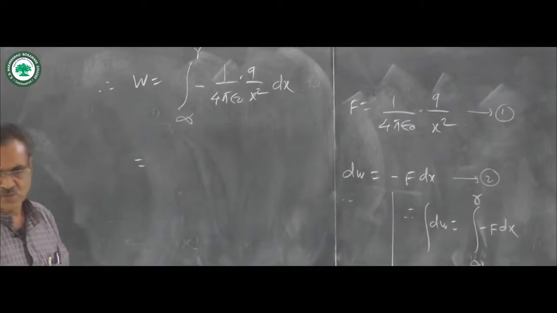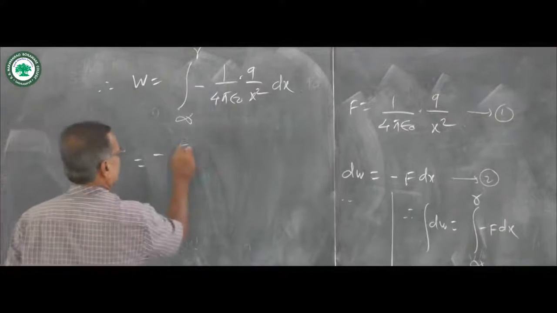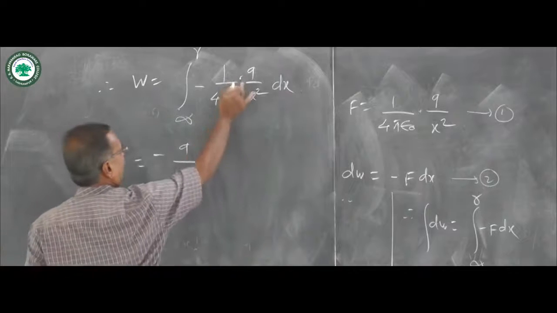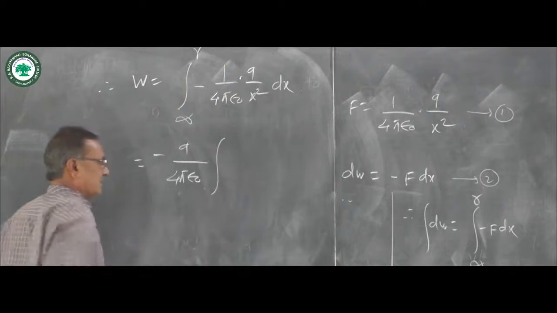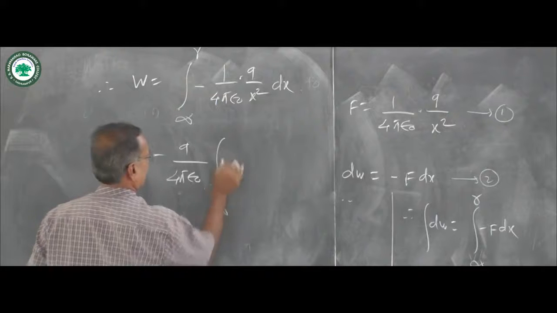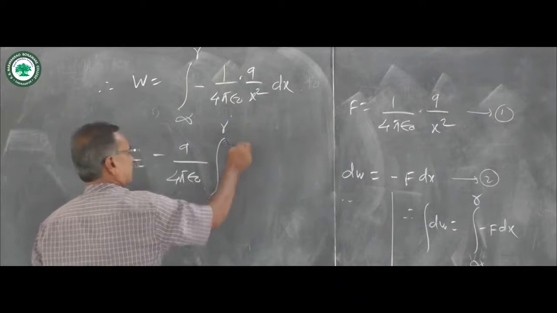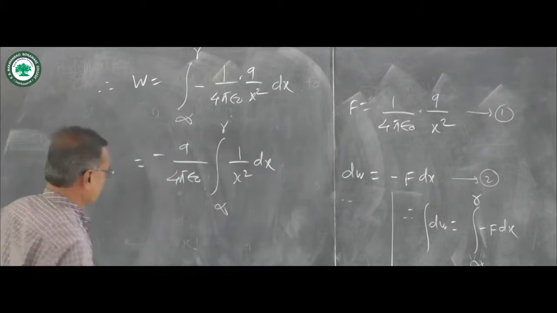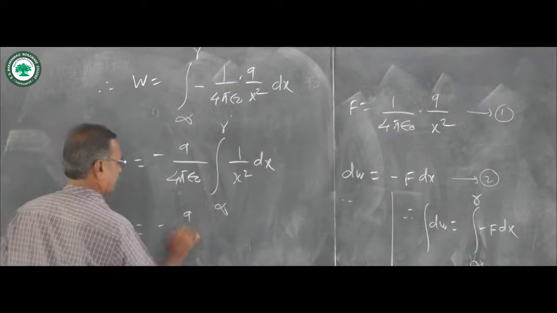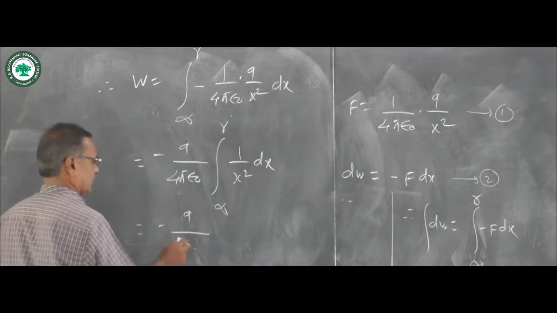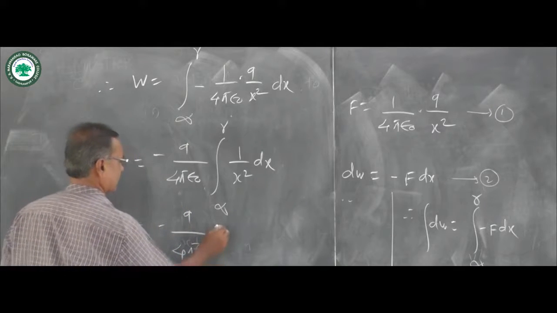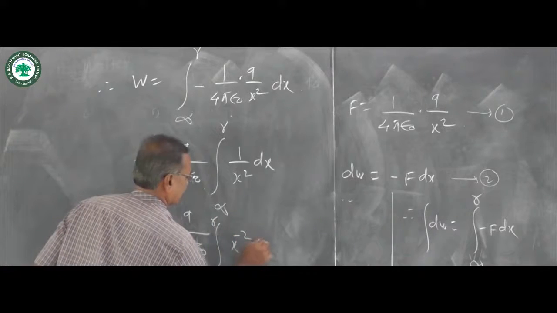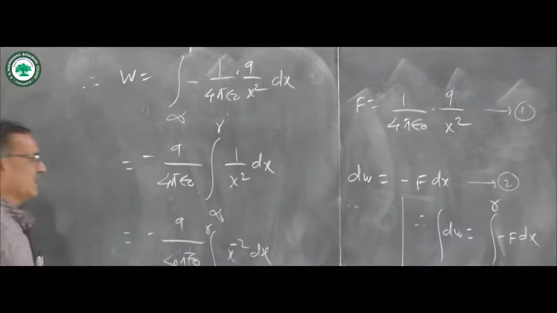Constant terms are taken out of the integration sign: minus q upon 4 pi epsilon naught, and the integral from infinity to r of 1 by x square dx. We can also simplify it as q by 4 pi epsilon naught times the integral from infinity to r of x raised to minus 2 dx.